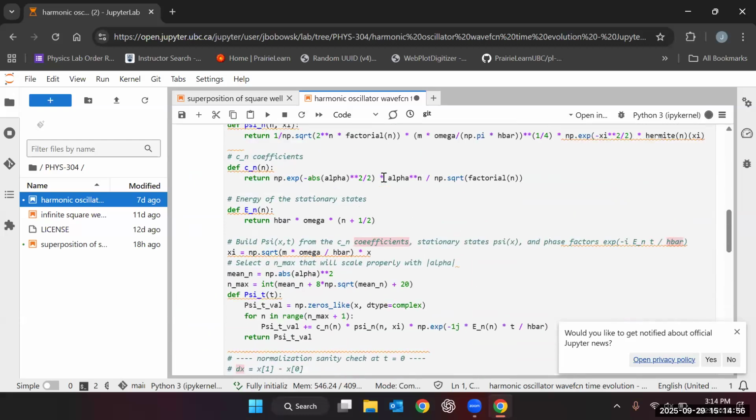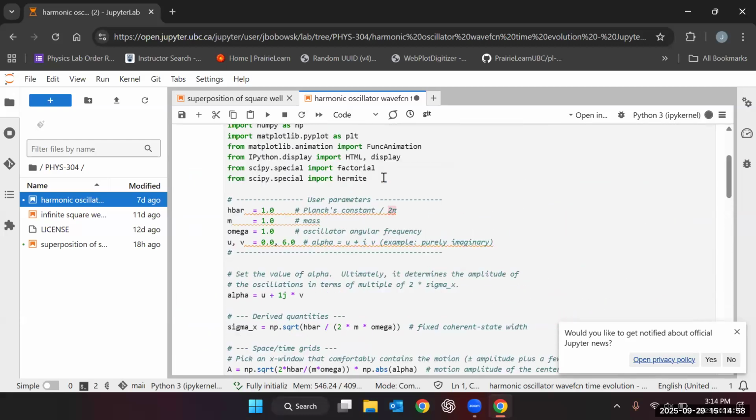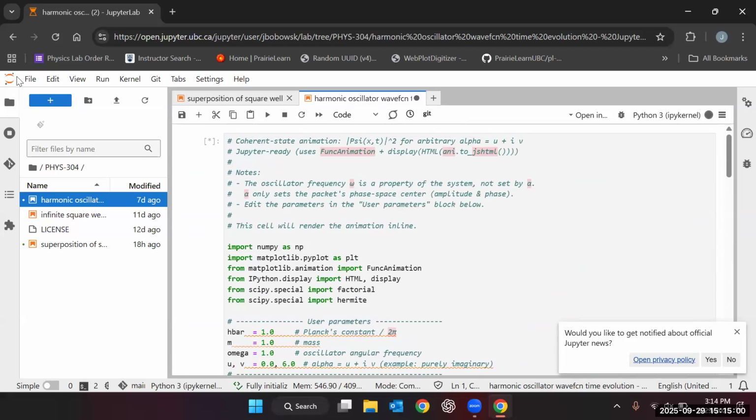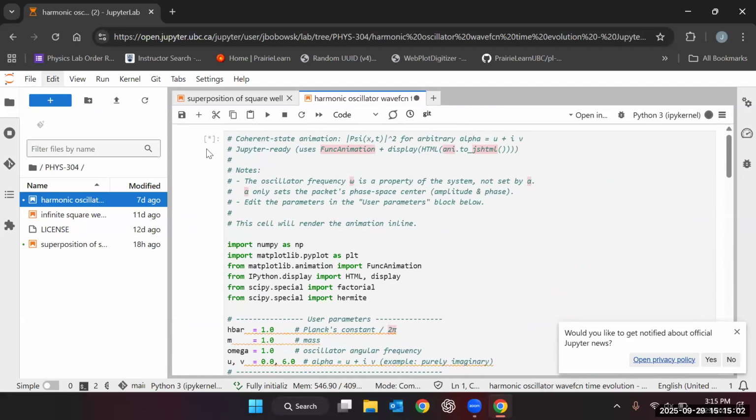Is it still running? Okay, yeah, it's still running. We got a little star here. We're waiting for that star to turn into a 1.